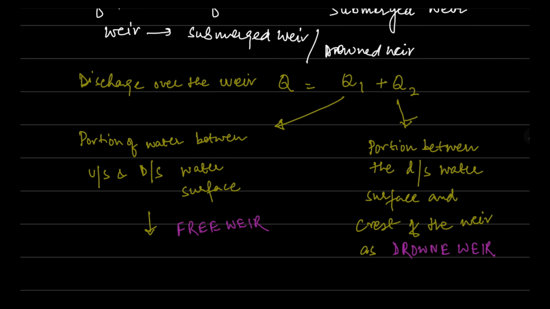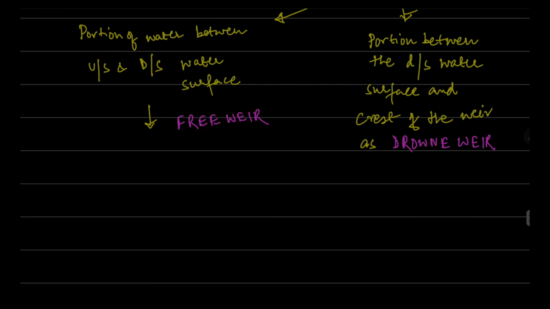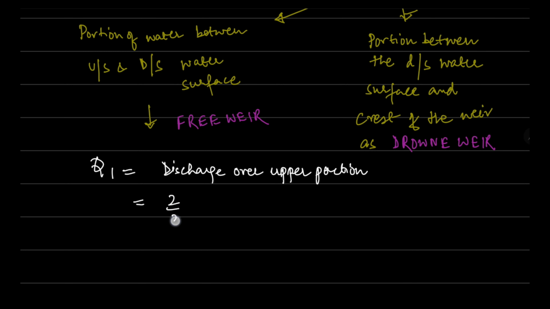So we can now write that Q1, the discharge over the upper portion, is 2 by 3 CD1 into length of crest L, multiplied by under root 2g, into capital H minus small h raised to the power 3 by 2.